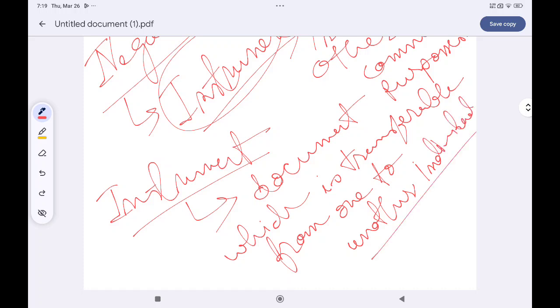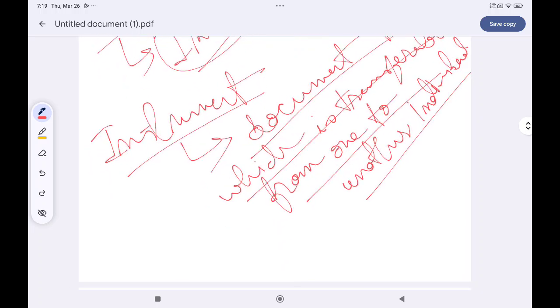So you may find it hard to understand my handwriting, but I believe you will try to understand.